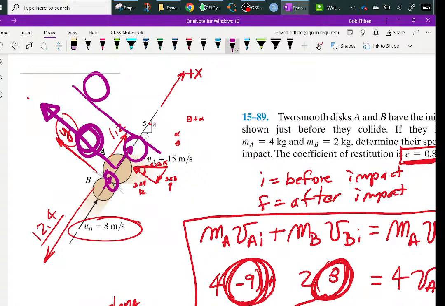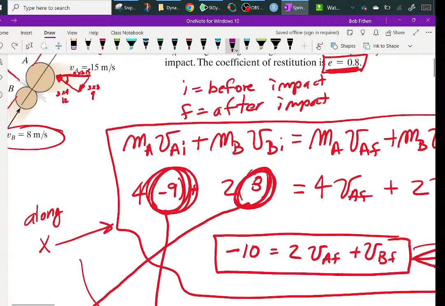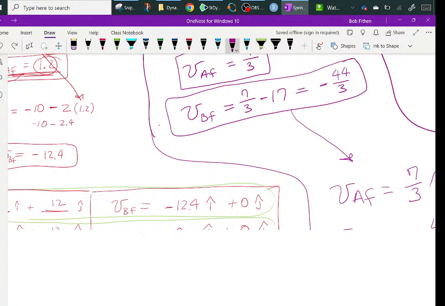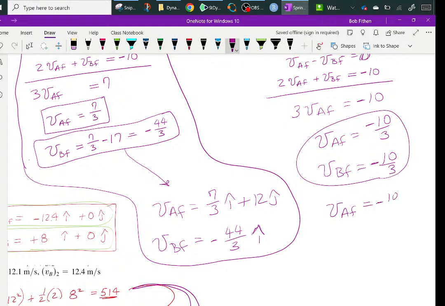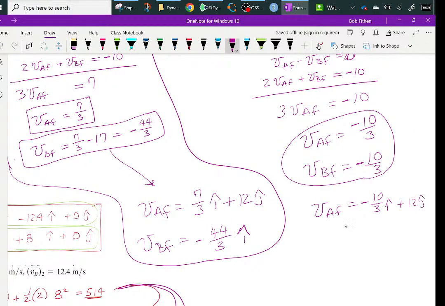Okay, that's so ugly. I'm going to have to just go back to it individually. So I end up with a new velocity: VAF equals minus 10 thirds i plus 12 j, and VB final will be minus 10 thirds i, and that's it.